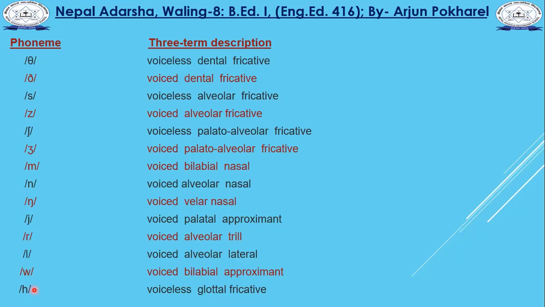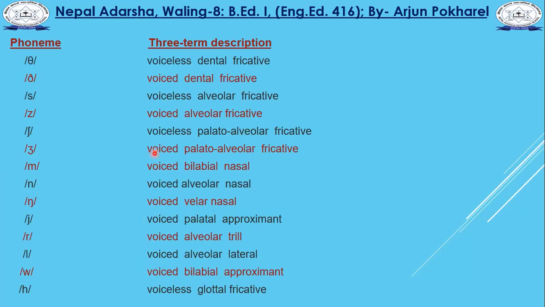Okay, and actually from here, from ma to ha, all of them come alone. Okay, they do not come in pair. That's the set of consonants which come alone. The only voiceless one is ha, and from ma sound to wa sound, all of them are voiced.